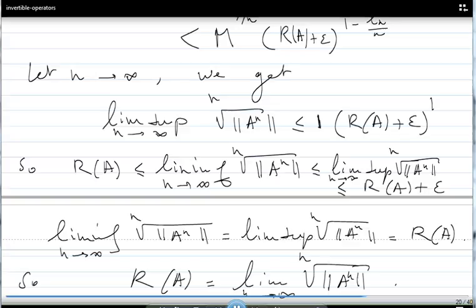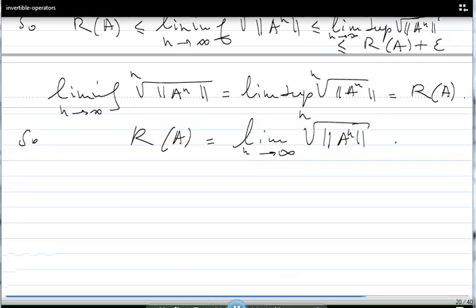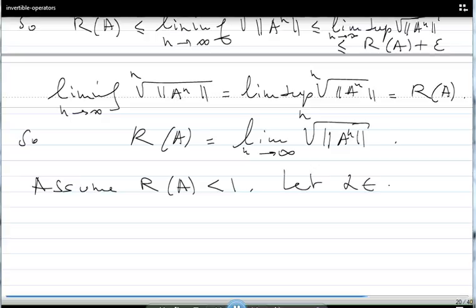Assume that r of a is less than 1. Let alpha belong to R such that r of a is less than alpha less than 1.